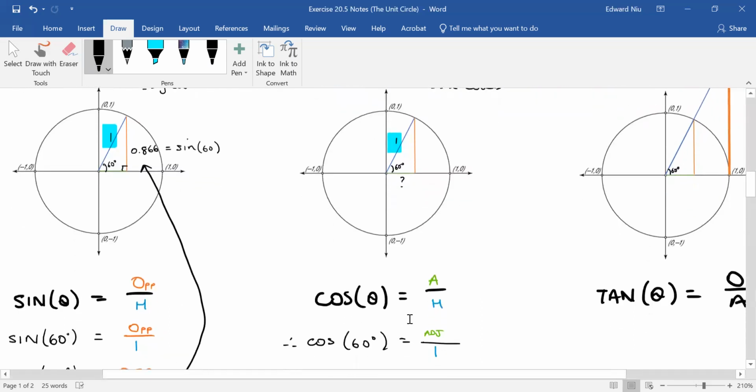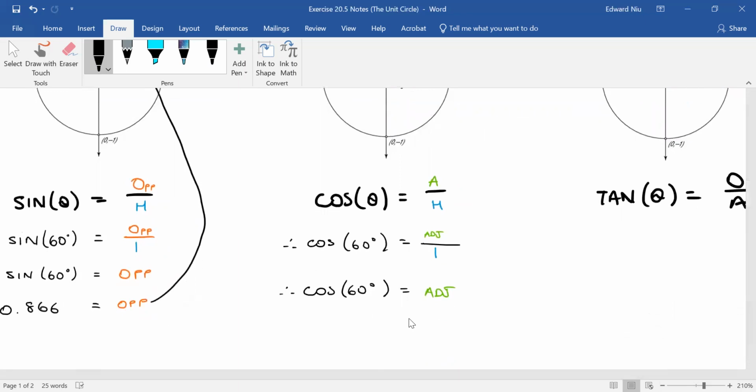So back to this. Well, if cosine 60 equals the adjacent, we can just plug that into our calculator to figure it out. Next year, they'll get you to try and remember the simple ones. So cosine 60 is just going to equal half.